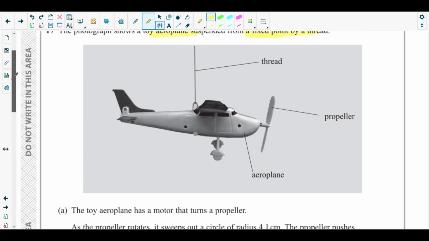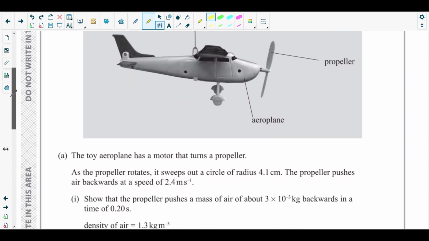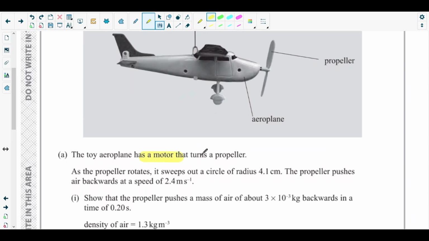So part A here, it is saying the toy airplane has a motor that turns a propeller. As the propeller rotates, it sweeps out a circle of radius 4.1 centimeter. So the length of each wing of the propeller is 4.1 centimeter.